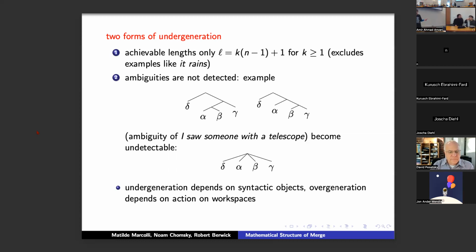And of course, if you had only an n-ary merge of some higher arity than 2, you would also not be able to see certain ambiguities that you can see with the binary merge. But there is also an over-generation problem, not just an under-generation problem.